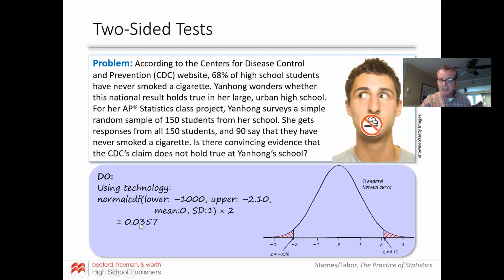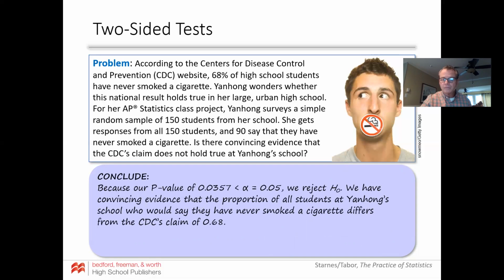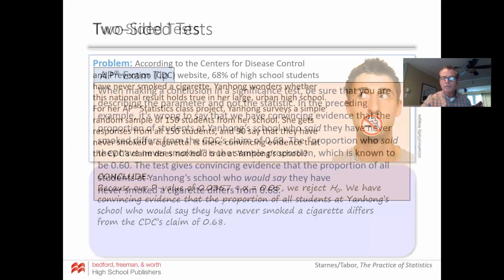Because if you mistakenly double this number, then you're going to be over the alpha level. So you need to pay attention to details. We reject the null. We have evidence that the proportion who would say that they've never smoked is different from what the CDC claims.